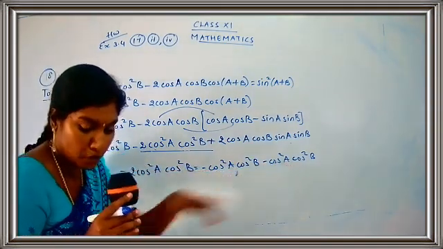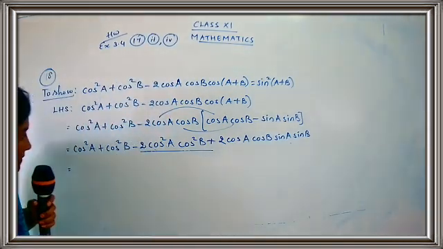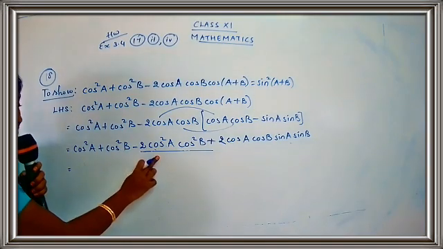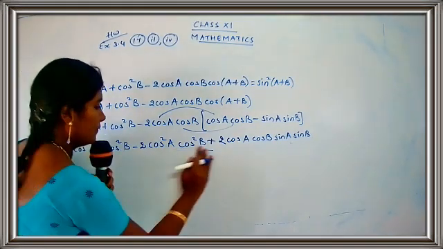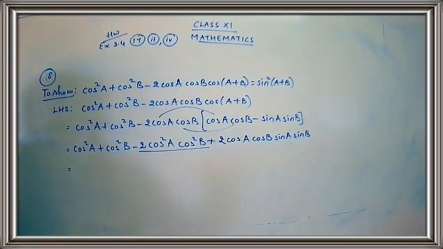Getting my point, children? Okay, let's write down that term. We are just going to split the term minus 2 cos square A cos square B. See, I'm just going slow. You're going to do the steps along with me. Then only it will be easy to understand.